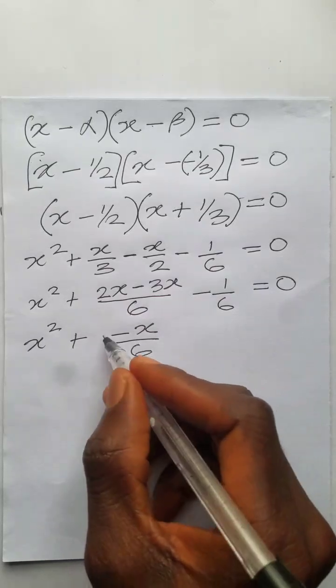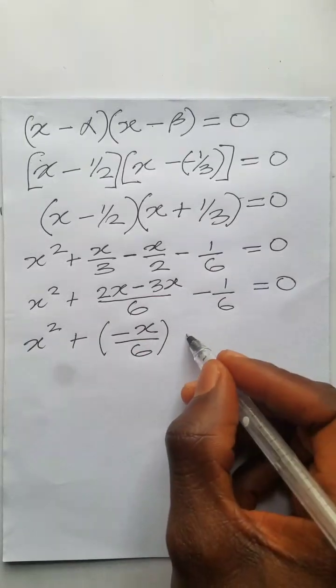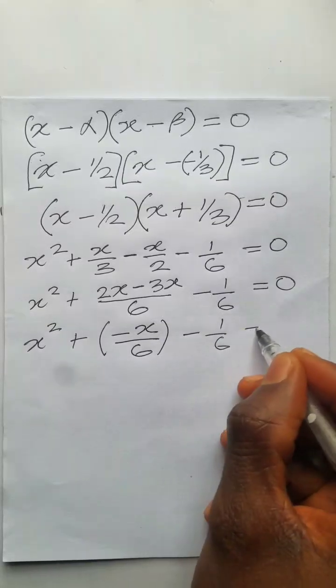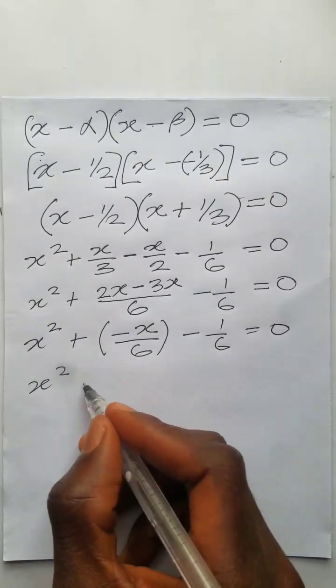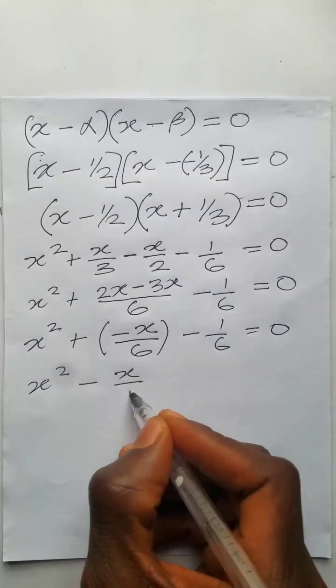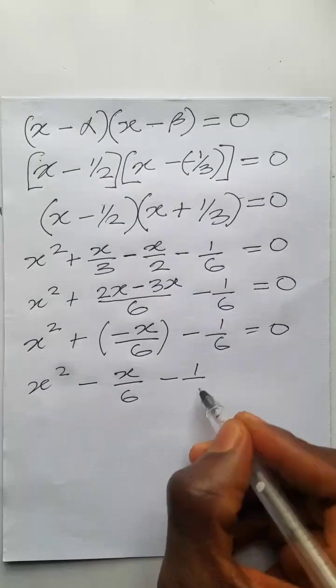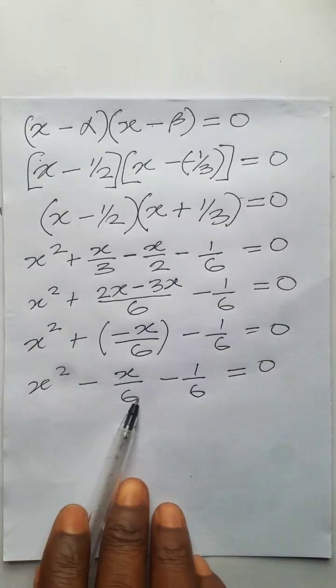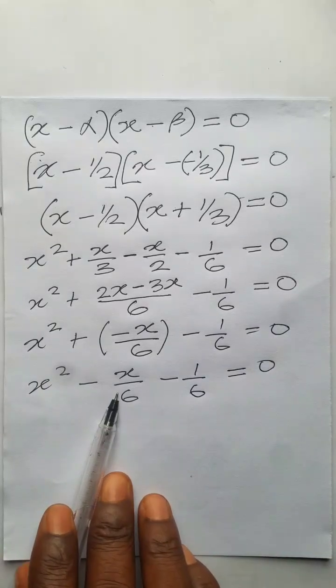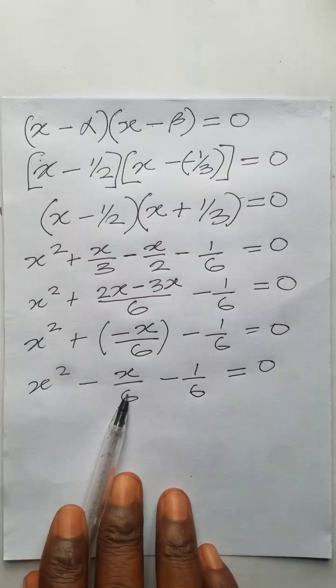That is what it is. So let's just do that. Minus 1 over 6. x squared minus, plus times minus is minus. Please take time and handle your math step by step so that you don't make mistakes. That's how this becomes minus. Okay, it's no longer plus but minus now.